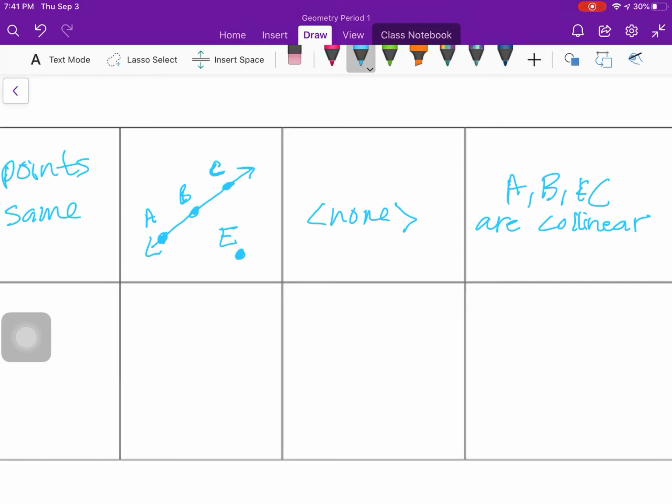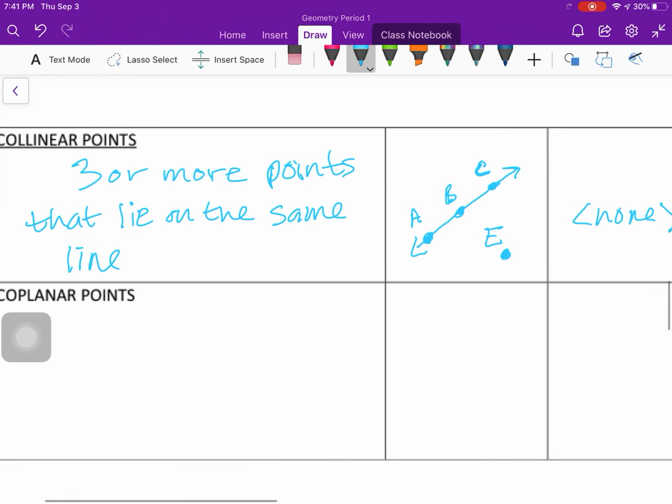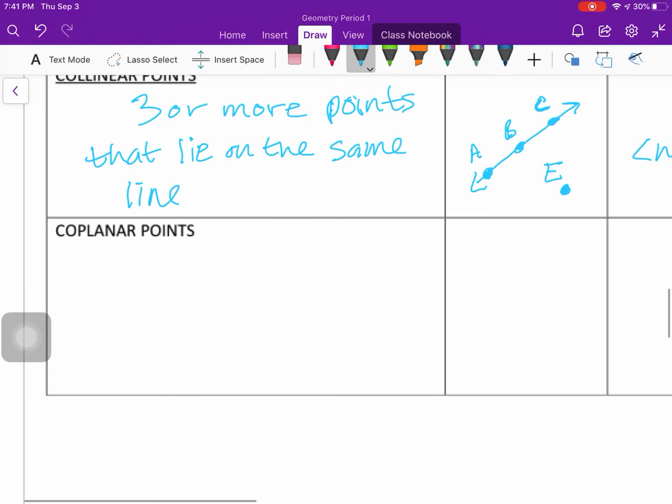It is not, so we can even say A, B, and E are not collinear. One more and you guys are good to go for the week. We'll have homework posted.